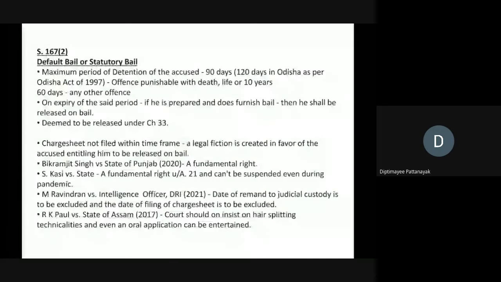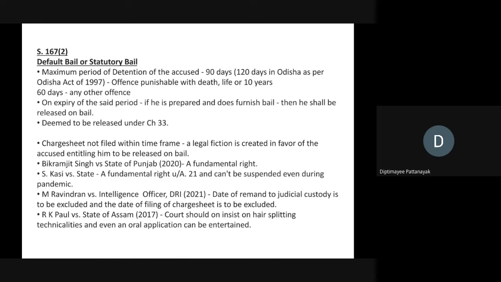Many such legal problems arise. In M. Ravindran versus Intelligence Officer, DRI, it was held that this is the latest position, as there have always been conflicting views on which dates are to be included and which excluded. The date of remand to judicial custody, that is, the date when the accused was remanded, is to be excluded, and the date of filing of the charge sheet is to be included. I wrote excluded by mistake, I'm really sorry.